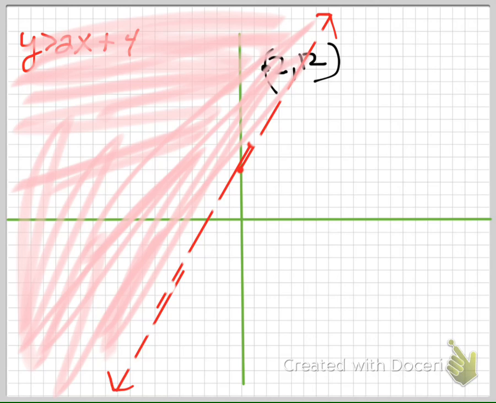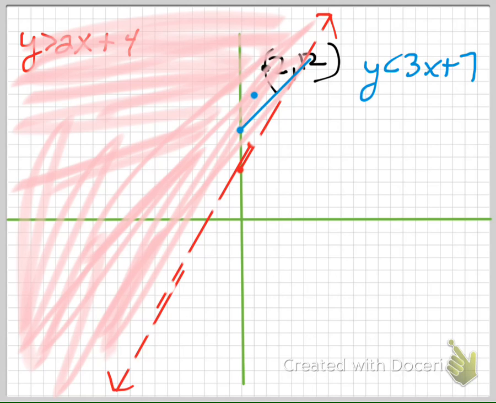It is y is less than 3x plus 7. So how will we graph it? Go to 7, make a dot.